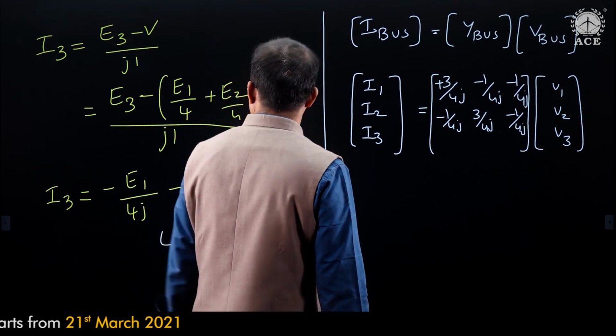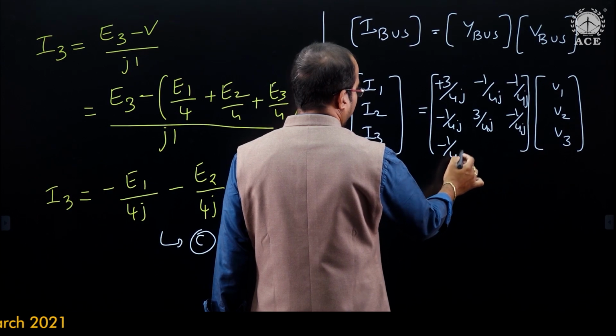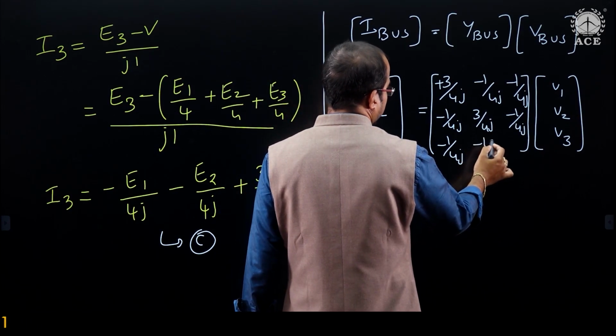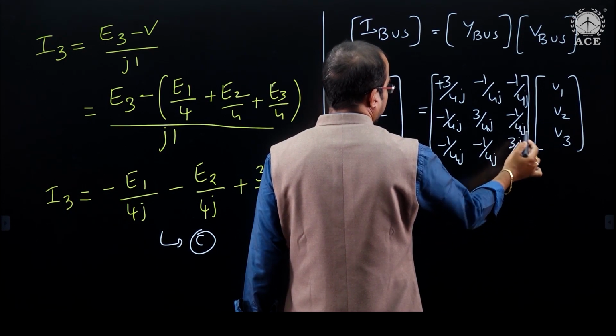And if you observe the I3 equation, you can write it as minus 1 by 4j, minus 1 by 4j, plus 3 by 4j.